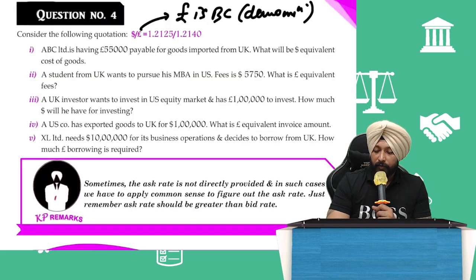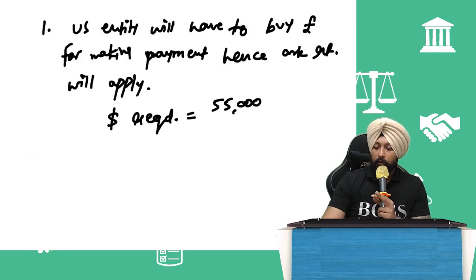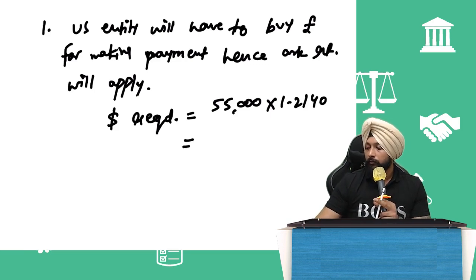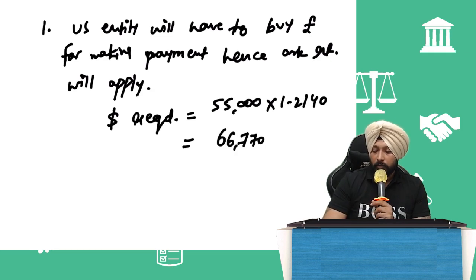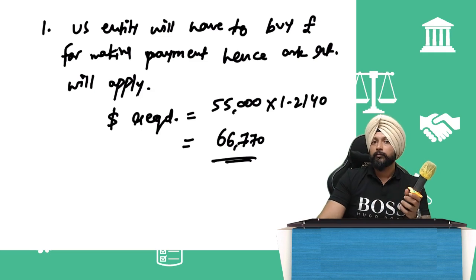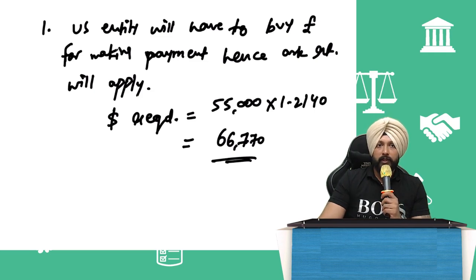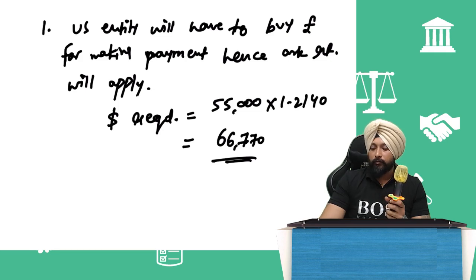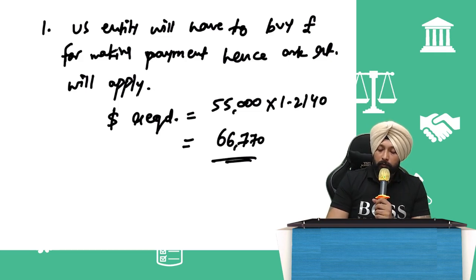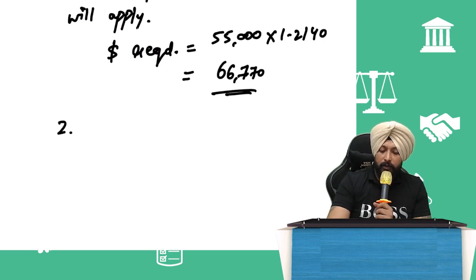Dollar required is equal to 55,000 into 1.2140. $66,770. Is it fine, guys? Okay, let's look at situation 2.